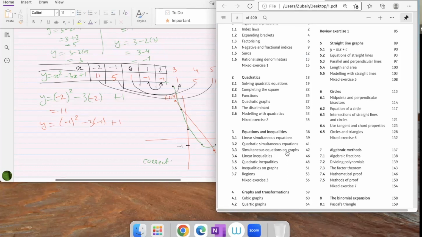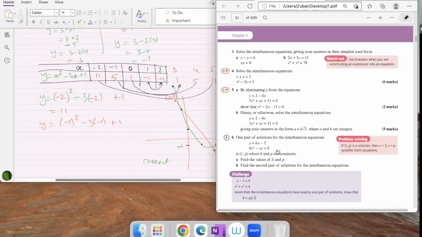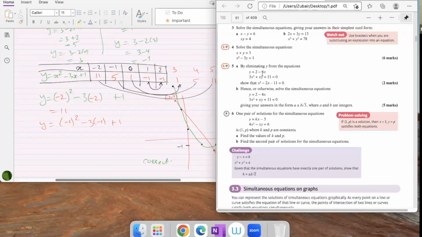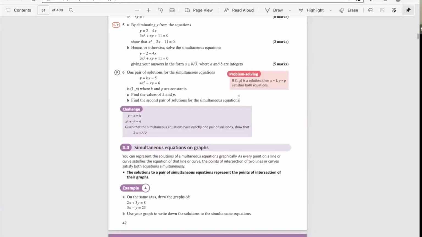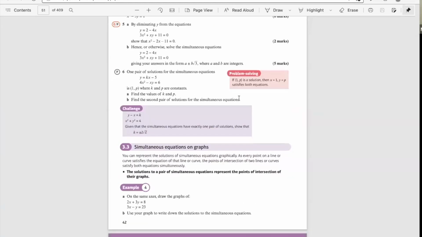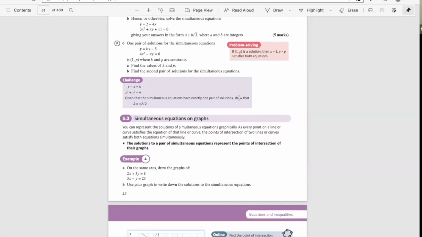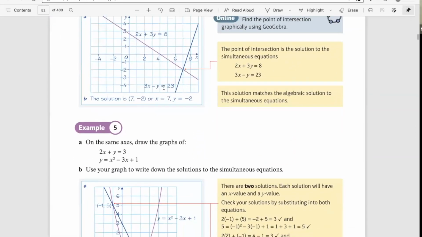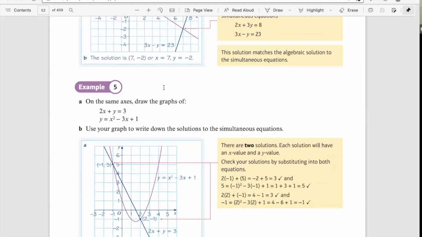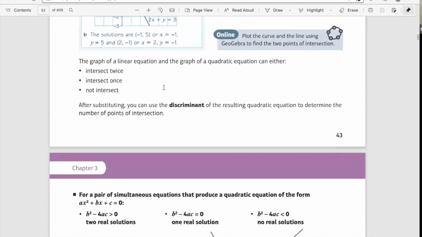We did these 3 parts. One of the methods was elimination. The other was substitution. And the third method is the graphical method. Any confusion in these 3? No.